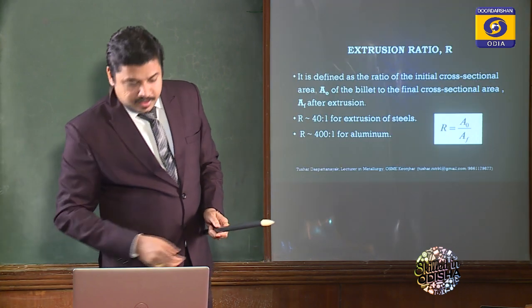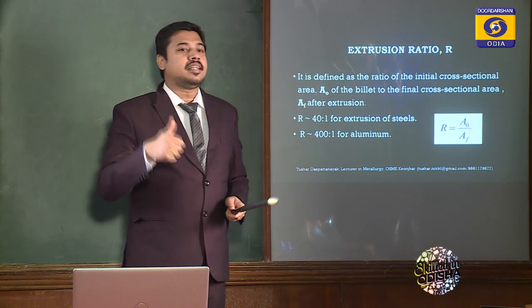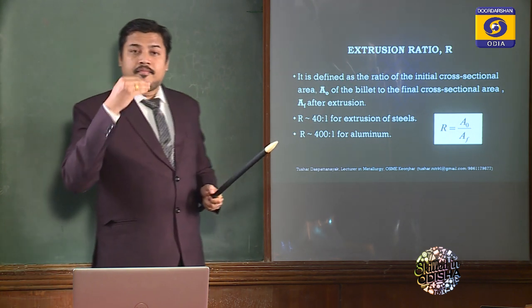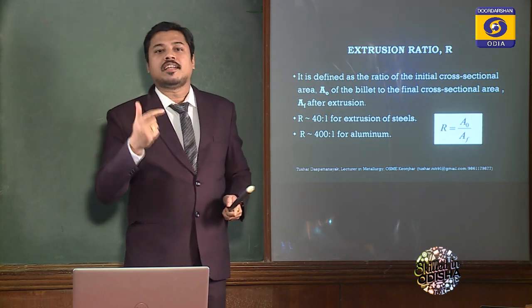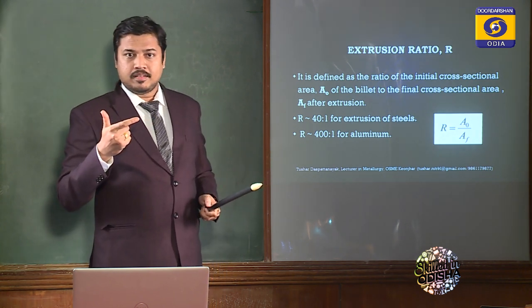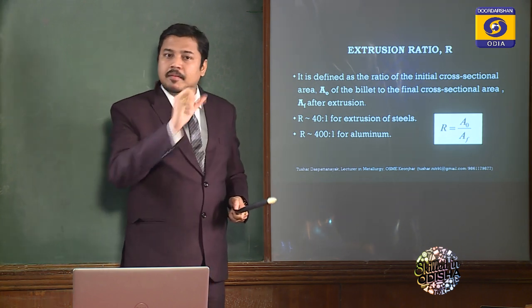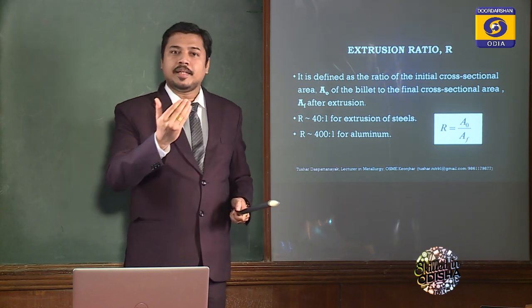Okay. Next, we will go for some technical term, that is how extrusion is defined. Extrusion is defined by a technical term called extrusion ratio, which is defined as the ratio of initial cross-sectional area to final cross-sectional area. Suppose initial cross-sectional area is 5 mm and final cross-sectional area is 2 mm.